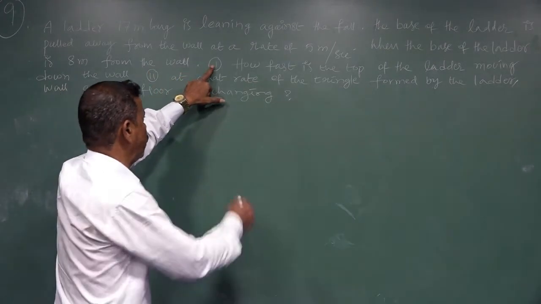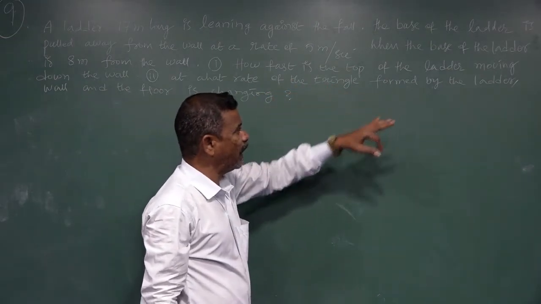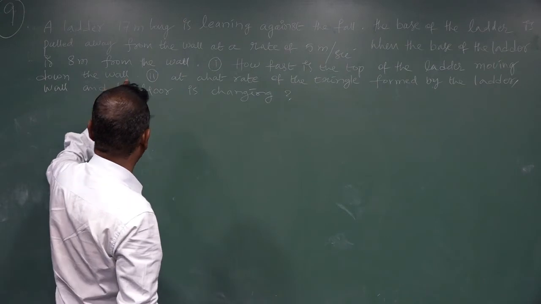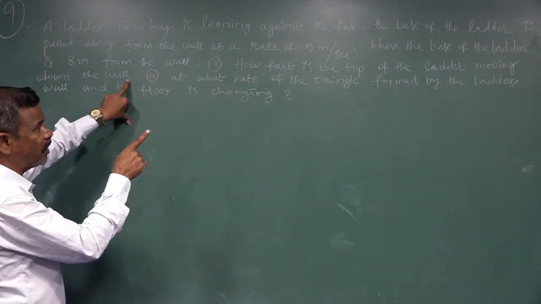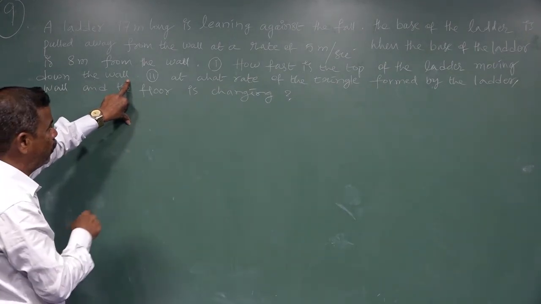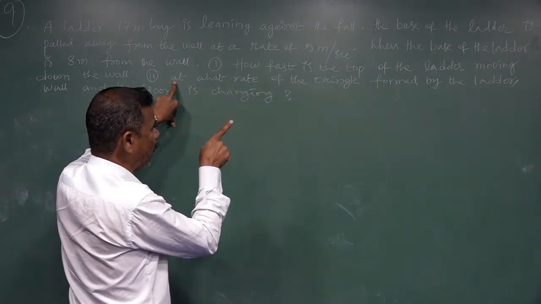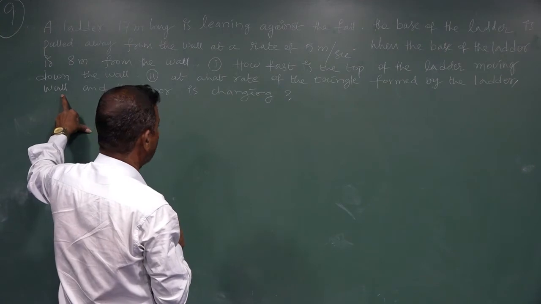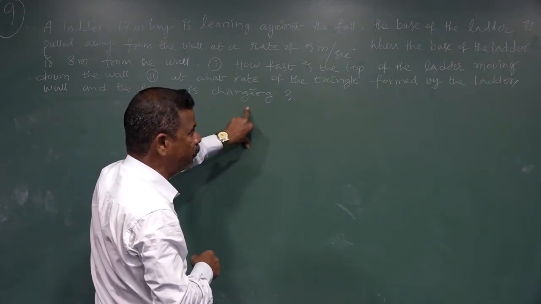Question 1 in this first division: how fast is the top of the ladder moving down the wall? And the second question: at what rate is the area of the triangle formed by the ladder, wall and the floor changing?